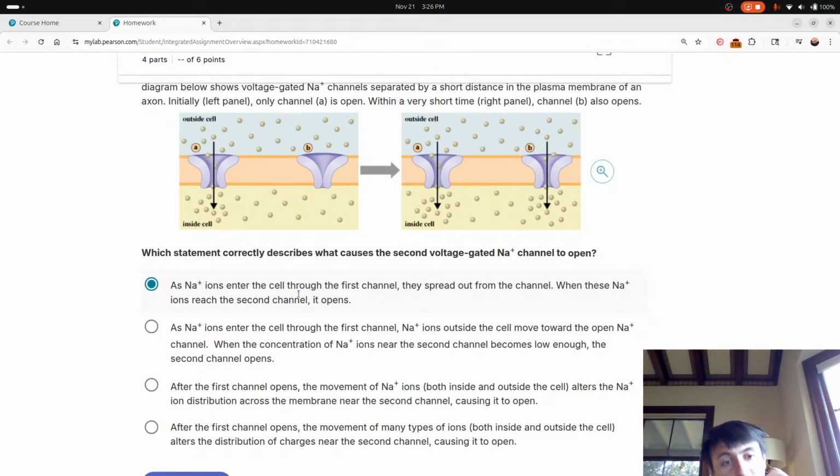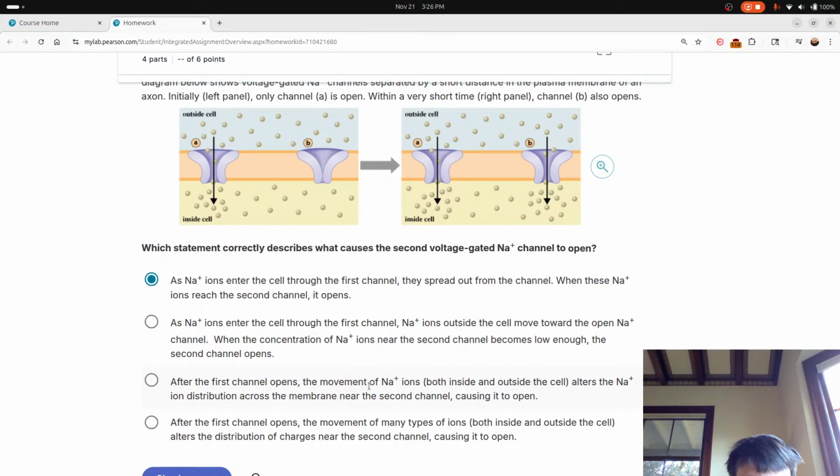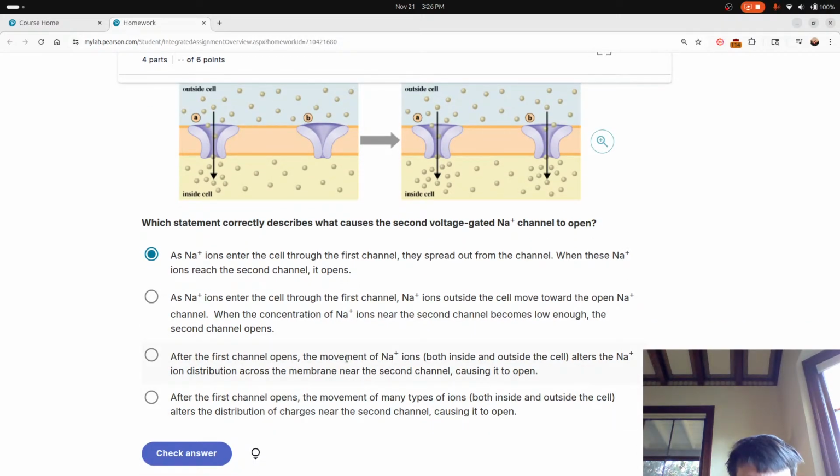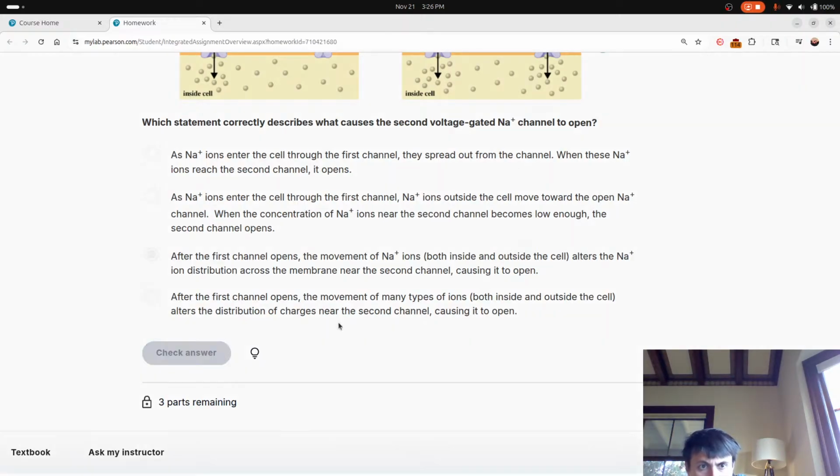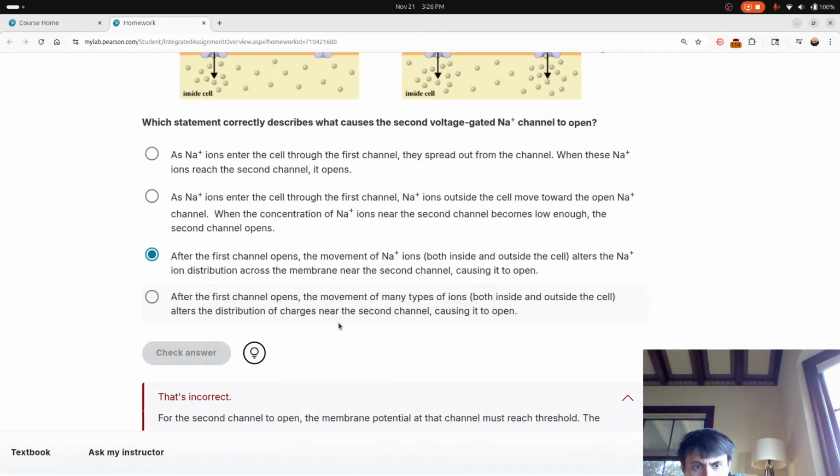This is kind of true. After the first channel opens, the movement of sodium ions, both inside and outside, alters the ion distribution across the membrane near the second channel, causing it to open. That's really the answer.